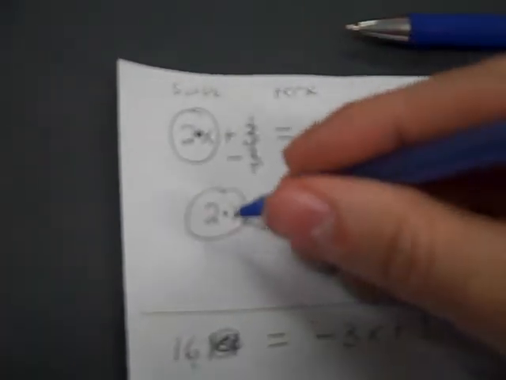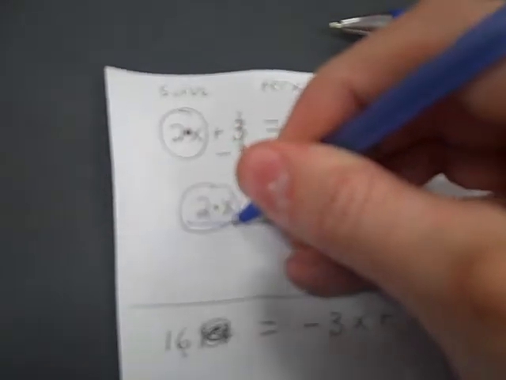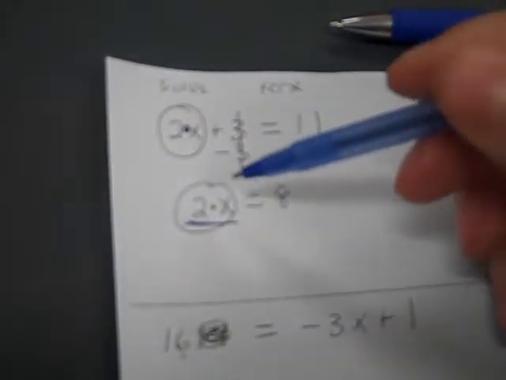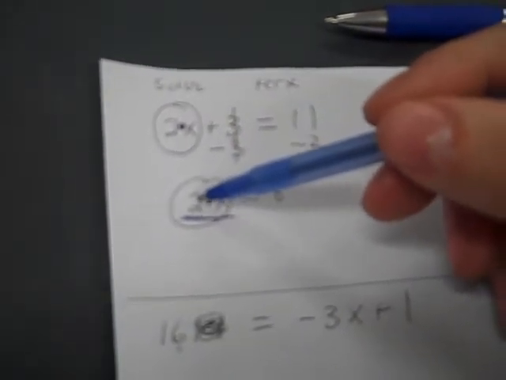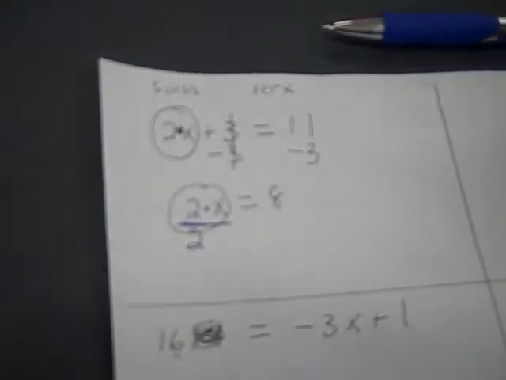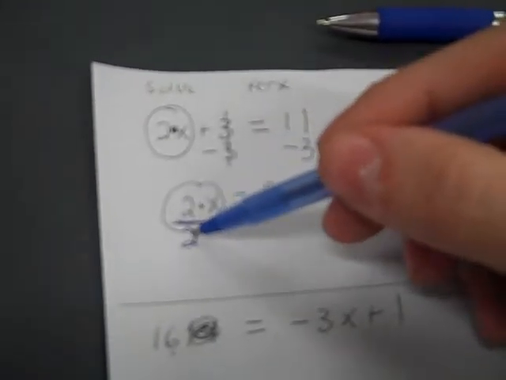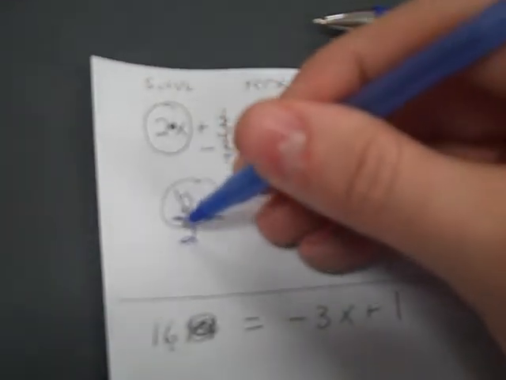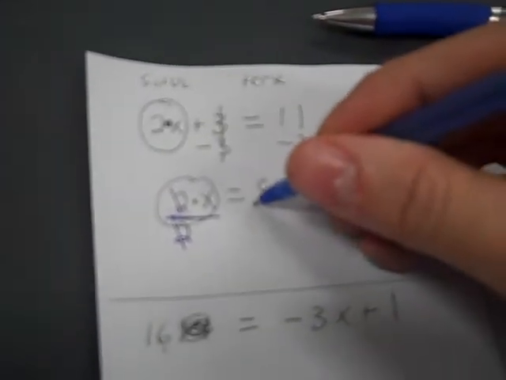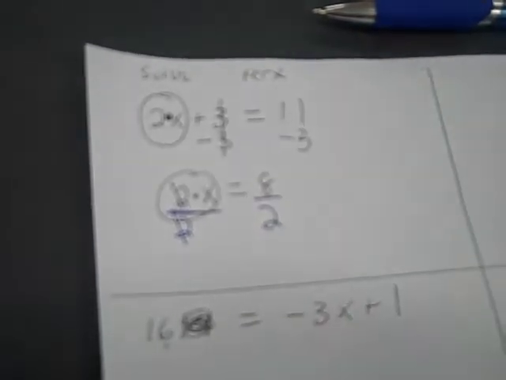When you see multiplication, what you're going to do is underline that entire expression, and we want to undo the multiplication of 2. So I'm going to put a 2 under the line. Because if you remember before, when I have a factor of 2 on top and a factor of 2 on bottom, we can cancel those. But then to keep my equation balanced, I have to take the 8 and divide it by 2.